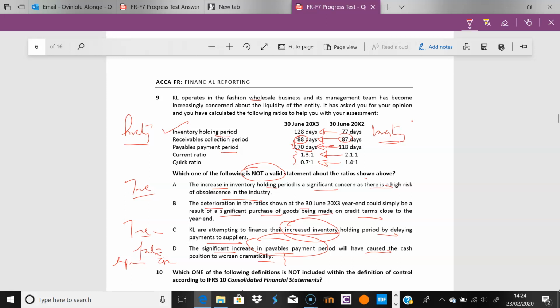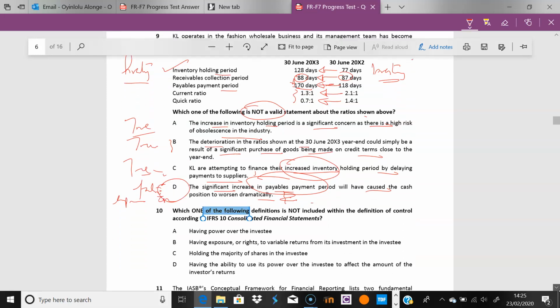So in effect, your credit days does look quite extended in terms of your payable payment period, as well as your inventory days, because you suddenly have all this inventory that's just not shifted. But this might all be at the year end. So this is possible as well. So D is not a valid statement, D is the issue really there. Right. And then finally, question 10.